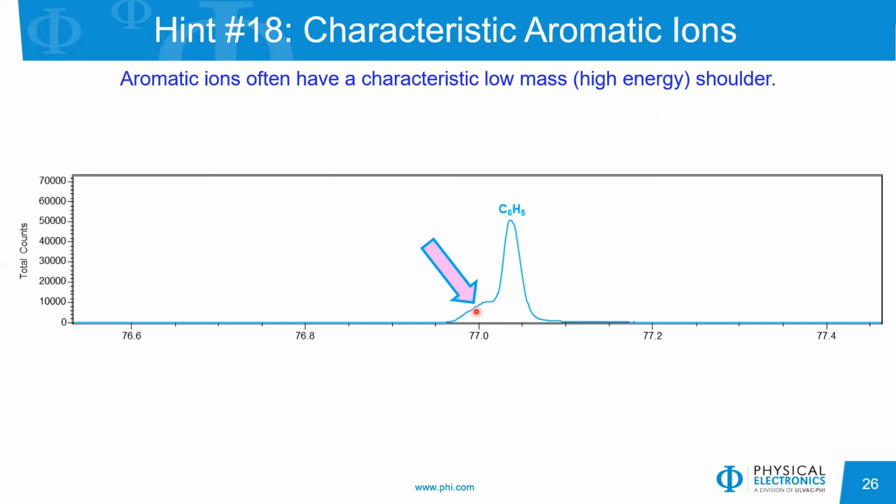But what I would recommend is that you look at other ions and make sure that the peak shape is symmetric to get your sample bias correct for that insulator analysis. Sometimes it can be misleading to look at some of these aromatic ions for that.